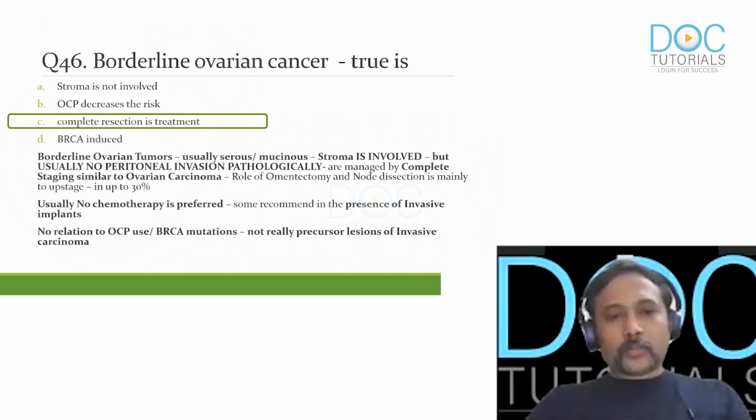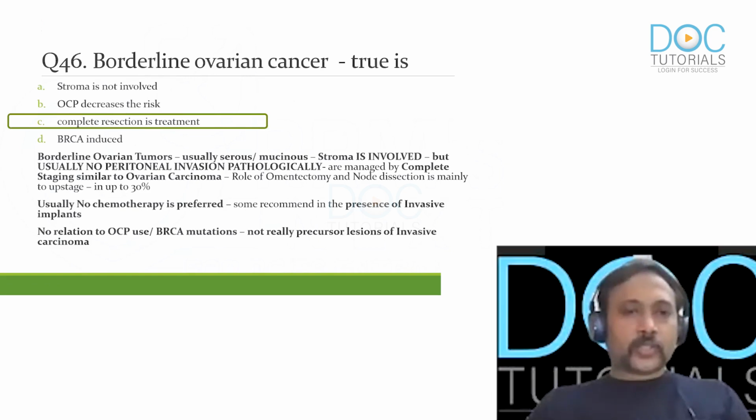One more thing that you have to remember is borderline ovarian tumors do recur, and at the time of recurrence, 30% of them will actually be an invasive ovarian cancer. So they have a propensity for recurrences, and when they do recur, about 30% of them will recur as an invasive ovarian cancer. So these are some points that you need to remember as far as borderline ovarian cancers are concerned.